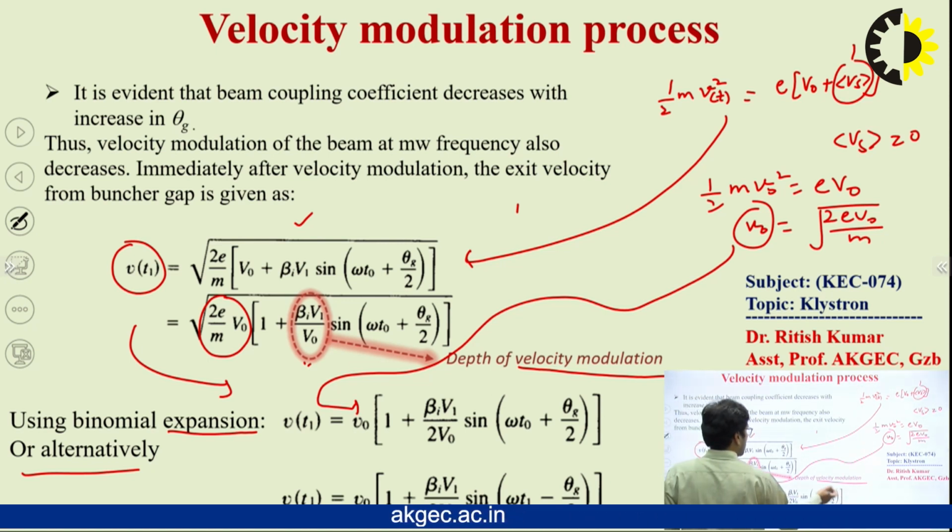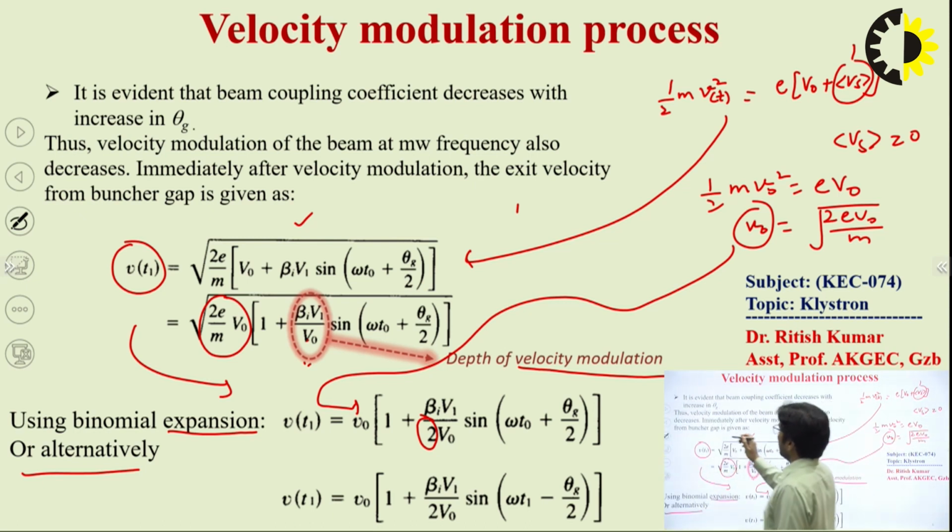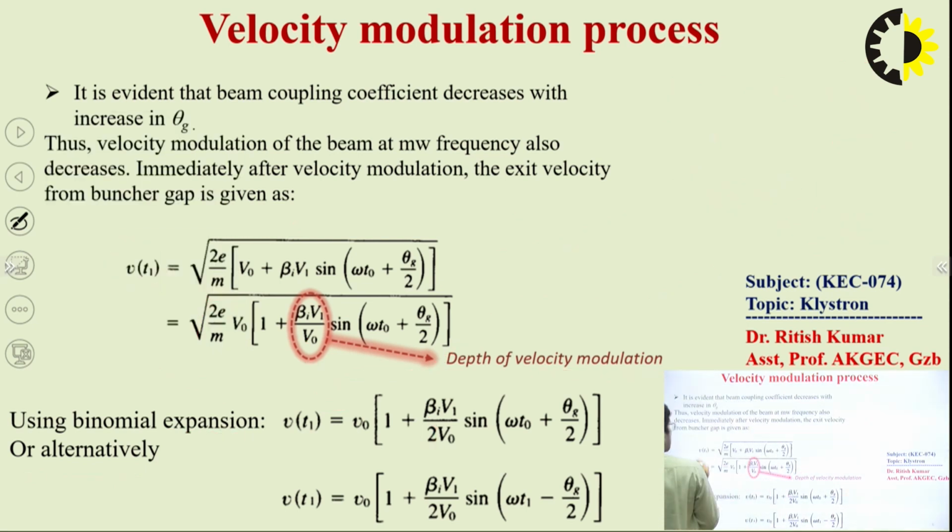Now the power of half, if I consider power of half, 1 plus nx. So beta e v1 divided by v naught to the half. This half comes into the picture by applying the binomial expression. Here you can observe, this is plus sign, this is negative sign. Why? Because if you consider t naught, then you need to consider plus sign.